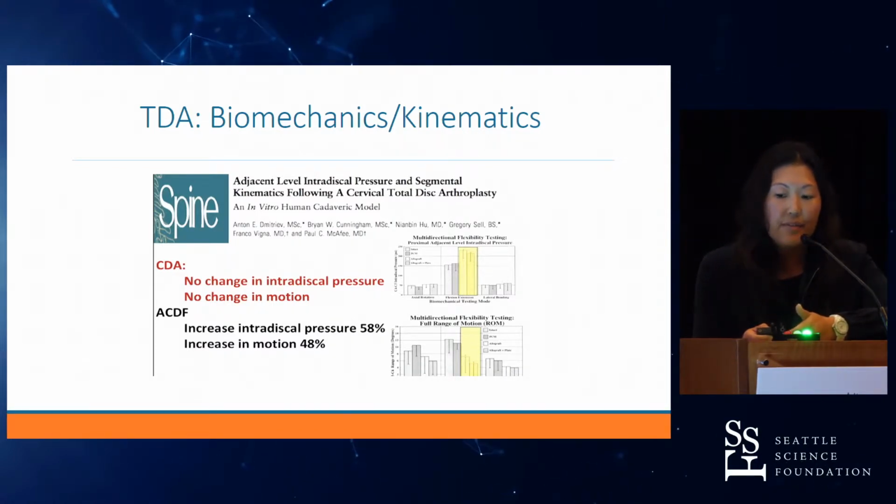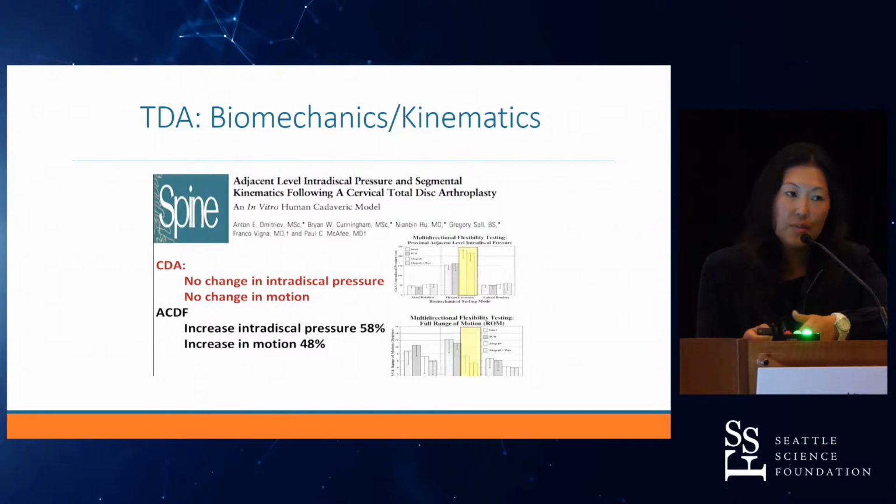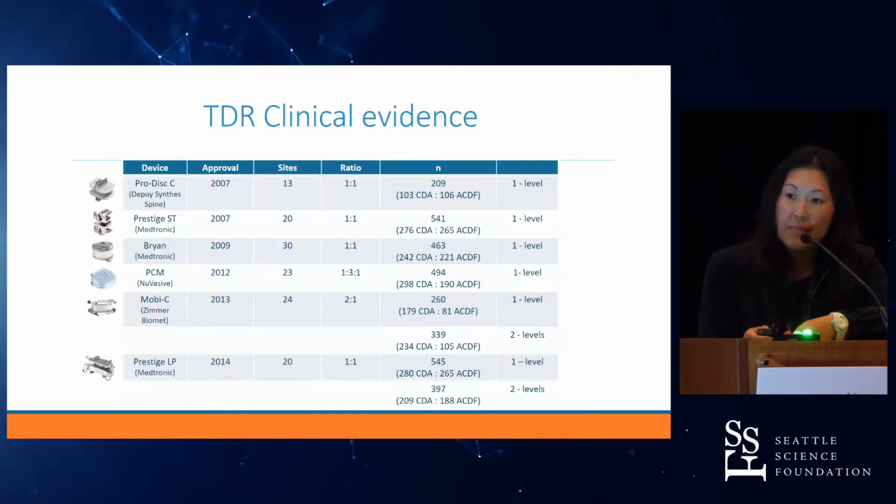In the ACDF, there was increased intradiscal pressure by 58% and increased motion of 48%. That's pretty significant, even if it's not the actual biological tissue that mimics a disc. This device does not create any additional pressure on the adjacent segments, and this translates to the future outcomes of these two different surgeries.